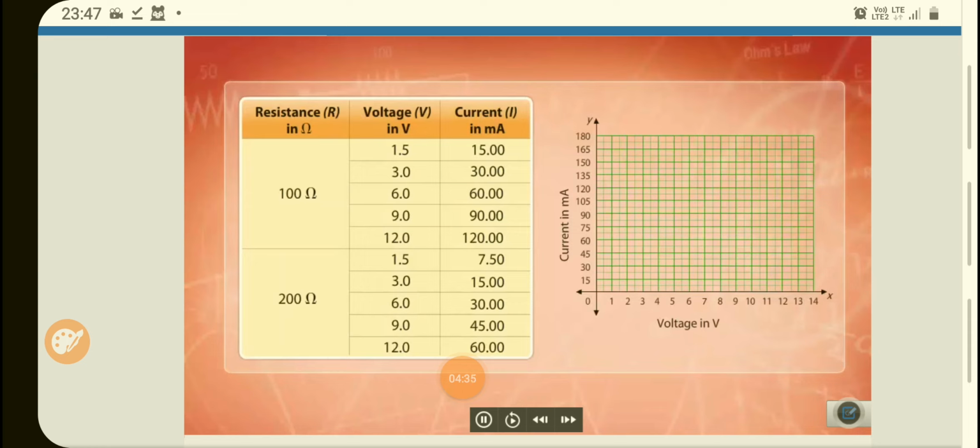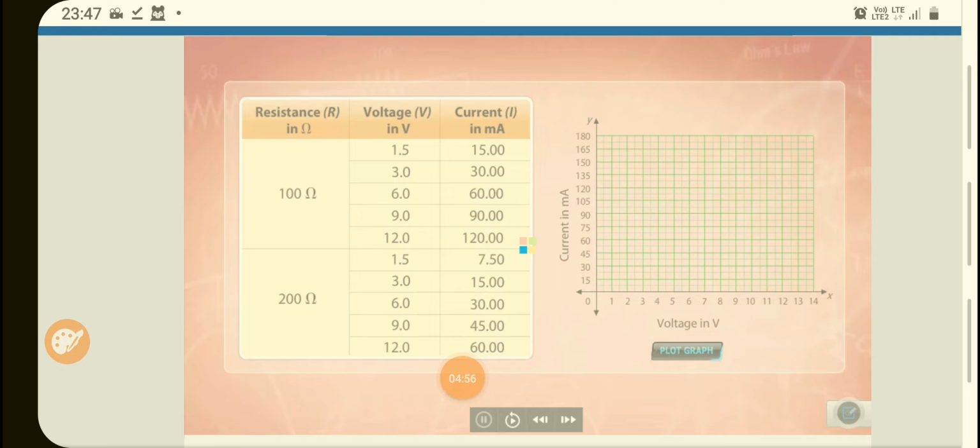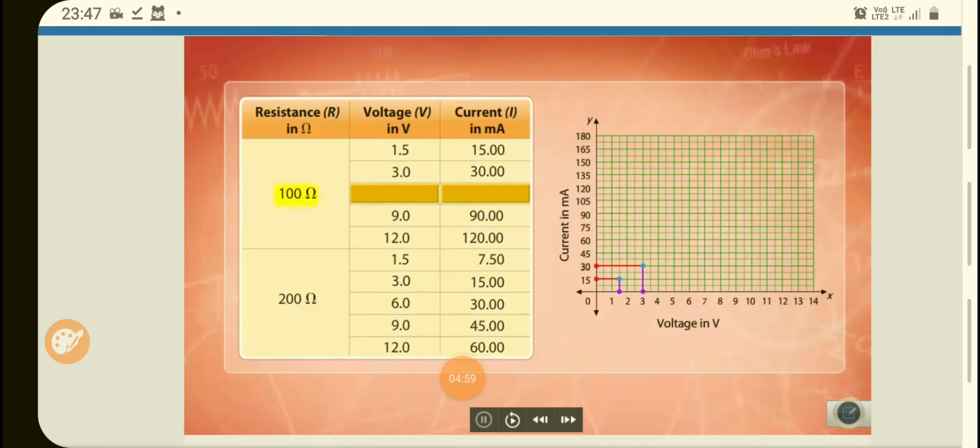Now that we have obtained the values for current and voltage for two different resistances, let's plot a graph for these values. Click on the plot graph button to observe how the current varies with the voltage for the 100 ohm resistance. The graph shows that when the applied voltage is increased twofold, the current through the circuit also increases twofold.